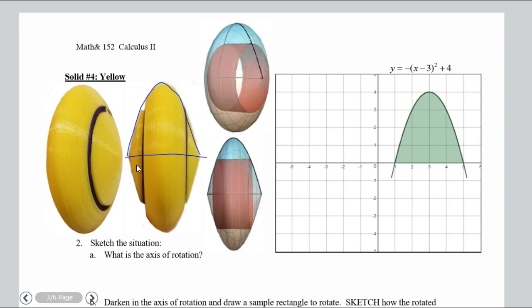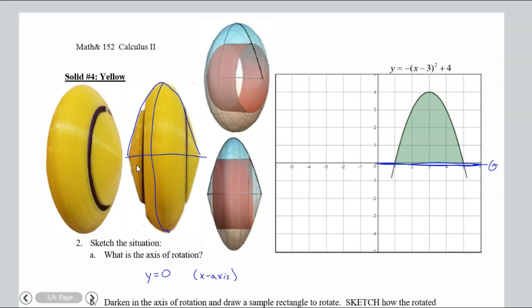So this is just going to rotate around and around as we go through. So we're looking right here on the x-axis. So there's our x-axis, and that is our axis of rotation as well. So we're going to say y equals 0, or you can just write in x-axis on that guy.